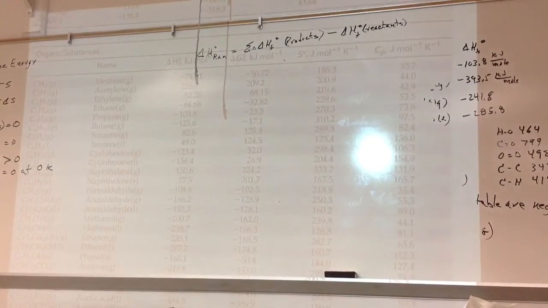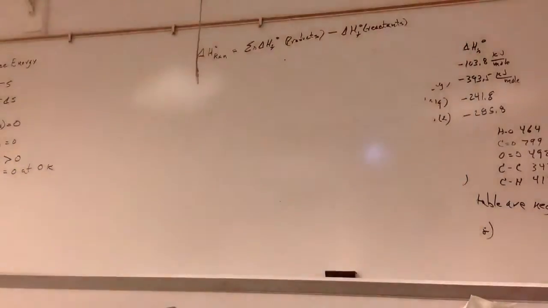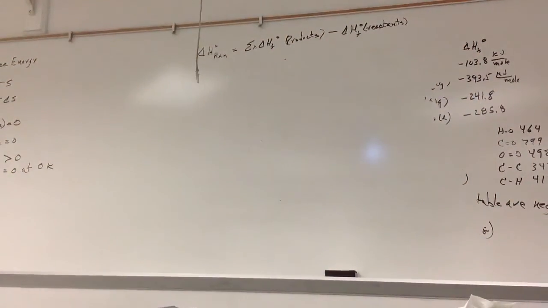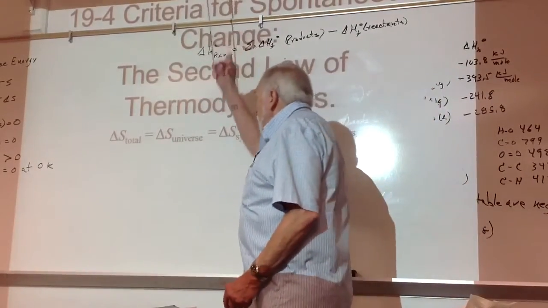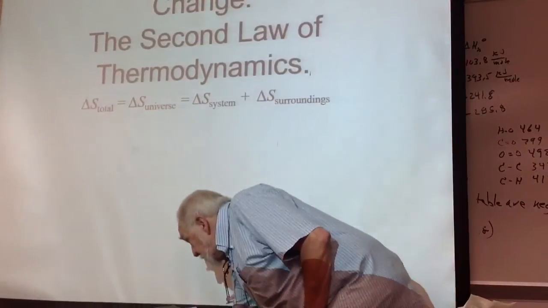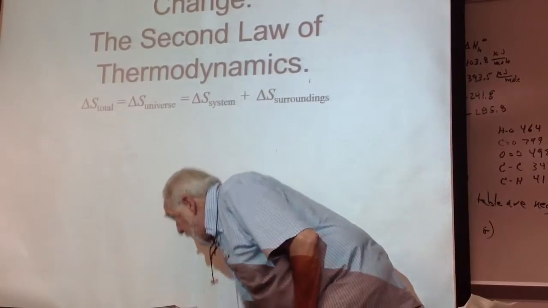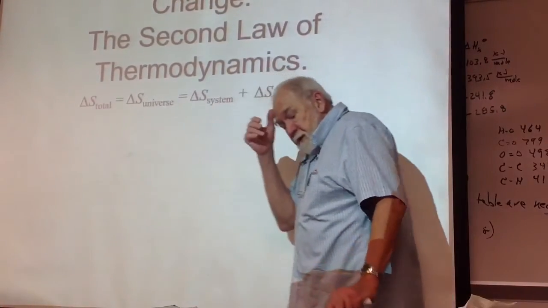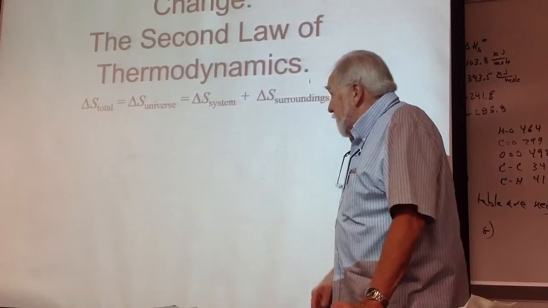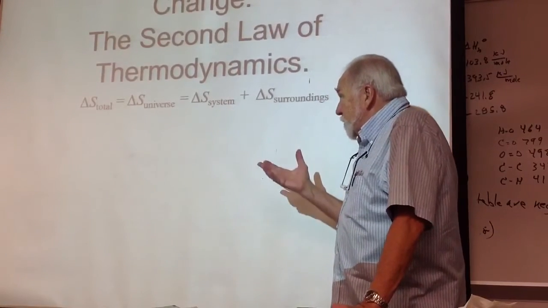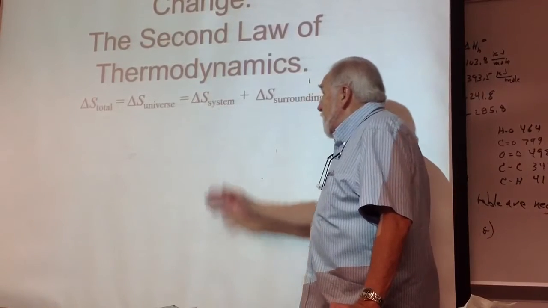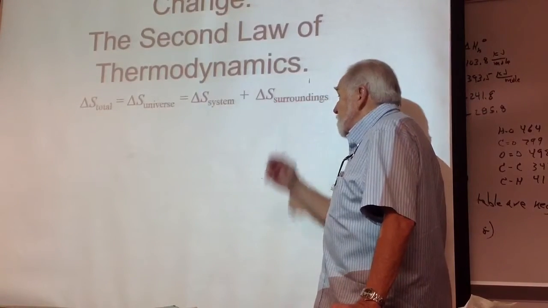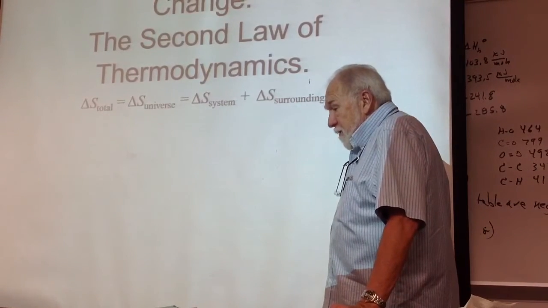Sometimes I do it myself, and sometimes I do it this way. And we're confining ourselves to chemical reactions, but in any chemical reaction, we can say the entropy change for the universe is equal to the entropy change for the system plus the entropy change for the surroundings.